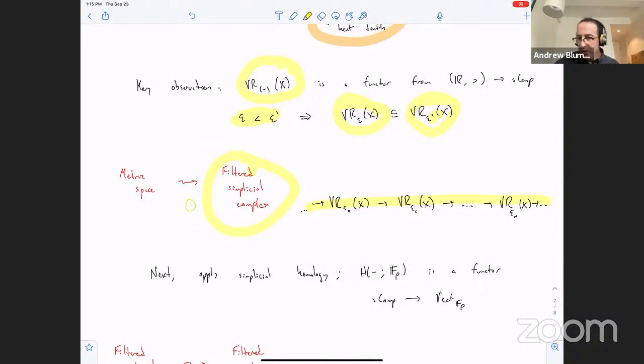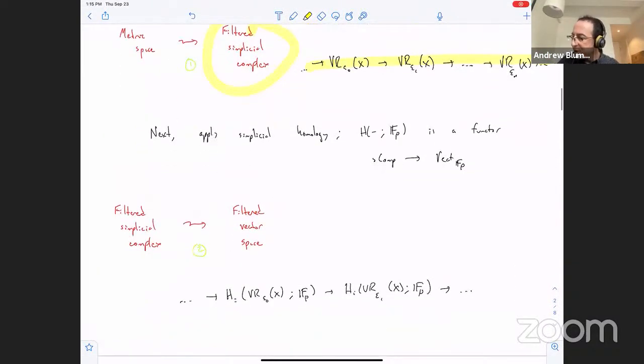So now to this, we can apply simplicial homology. For any simplicial complex, you can compute homology. And this is a functor. We're going to take simplicial homology with coefficients, let's say, in a finite field F_p. This is a functor from complexes to vector spaces. So I'm assigning to this thing a vector space.